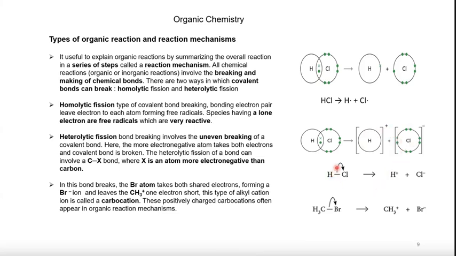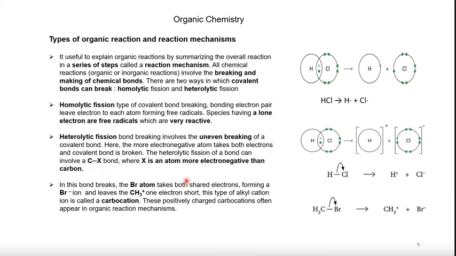The electron pair goes to the more electronegative atom, forming a negative ion as well as a positive ion. So that's what happens in heterolytic fission. It can also happen in a C-X bond, where X is more electronegative than carbon.